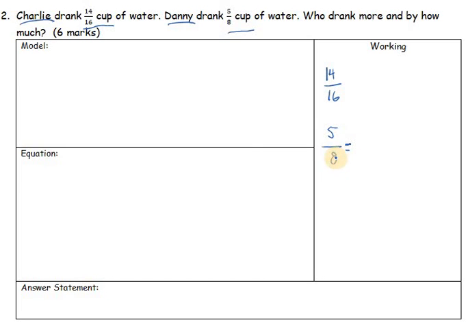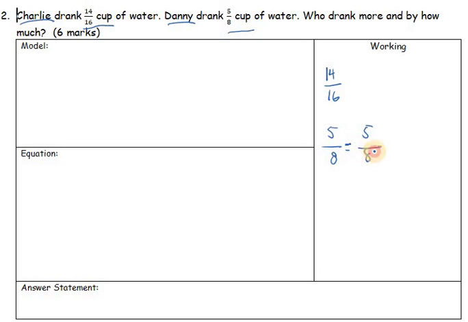So over here the smaller denominator is 8. 8 can jump to 16, right? Because 16 is a multiple of 8. So let's just convert this 5 out of 8 to out of 16.